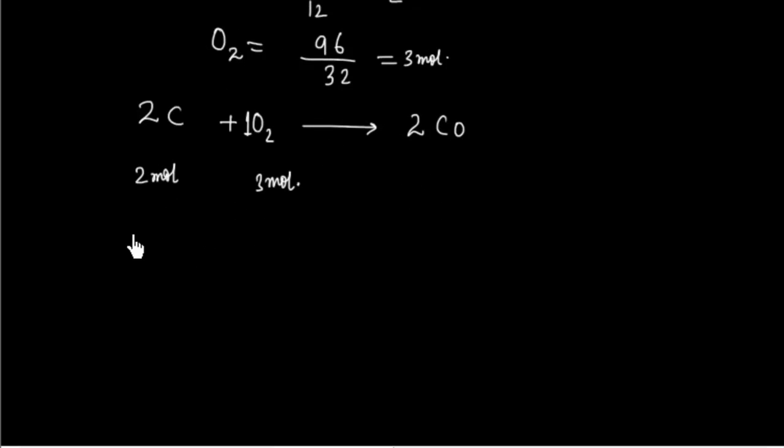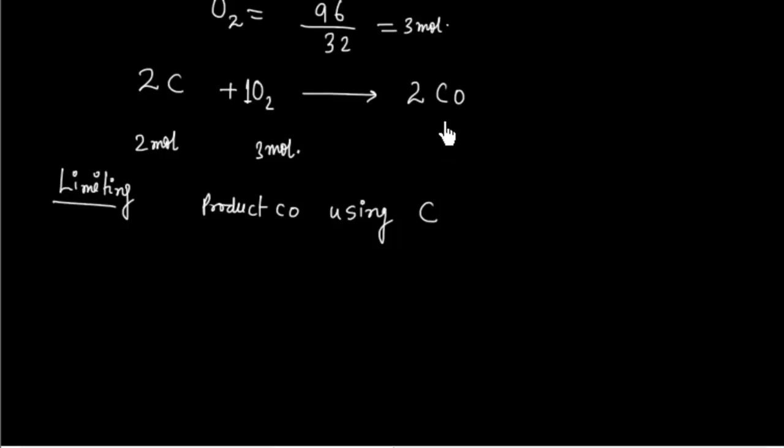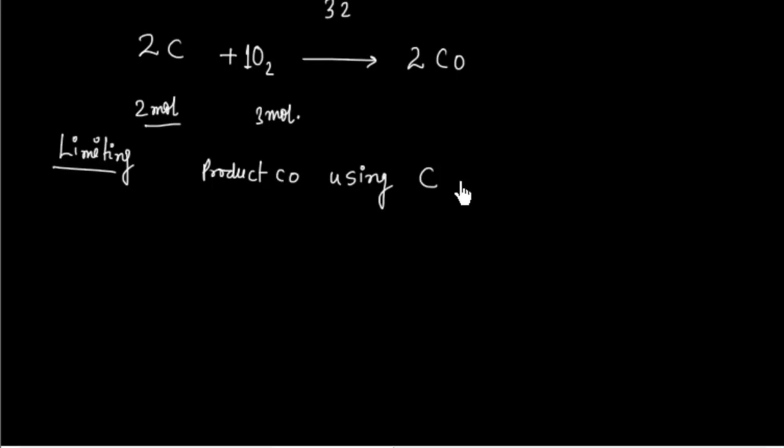We can also test the limiting reagent by finding the product. Let us find the product, carbon monoxide, using carbon. 2 mole gives 2 mole of carbon monoxide, so in this case 2 mole of carbon monoxide will be formed.